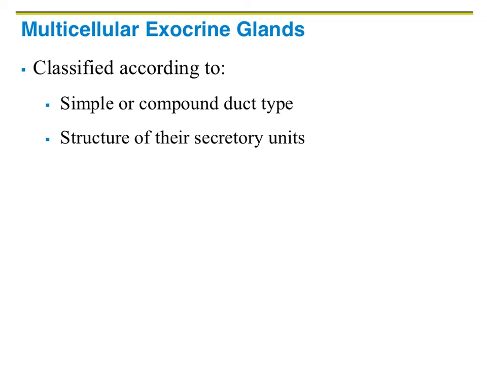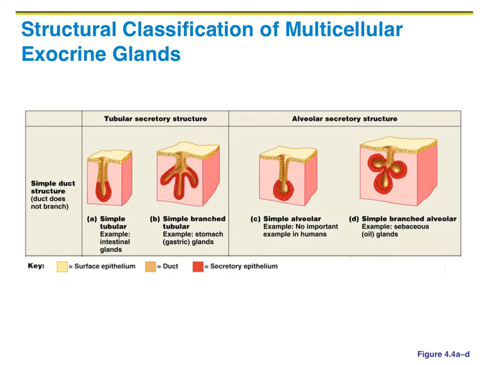Multicellular exocrine glands are classified according to the duct type, which is either simple, meaning it does not branch, or compound, meaning that the duct does branch, and also the shape of the secretory unit. In this slide, we see structural classification of multicellular exocrine glands that have a simple duct structure, meaning that the duct does not branch.